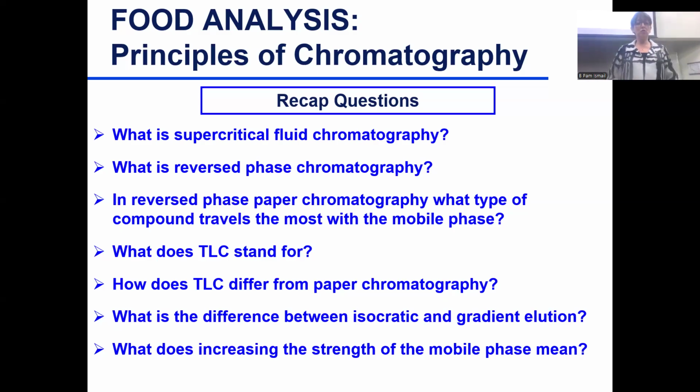Okay, so in reversed phase paper chromatography, what type of compounds travel the most with the mobile phase? Reversed phase paper chromatography means we're impregnating the paper with a nonpolar solvent instead of impregnating with water. So your stationary phase is nonpolar, and the mobile phase is the water, which is immiscible with the organic phase.